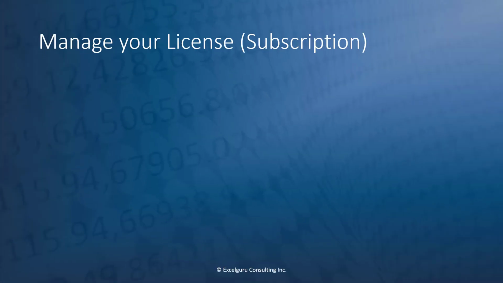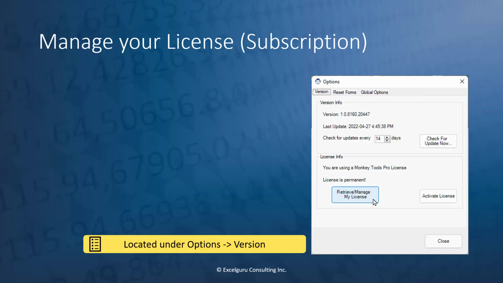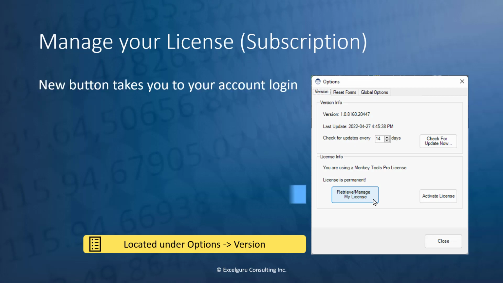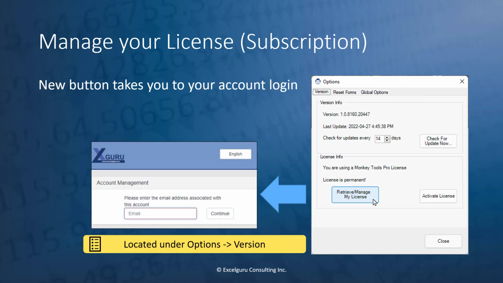In addition to this, we've added some different configurations in the options area. One of them is the ability to manage your license. In the options version tab, you'll now see there's a retrieve and manage my license button. When you click on that, it will take you to your account login page.